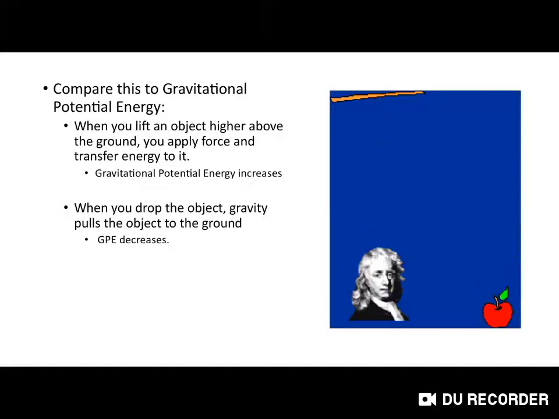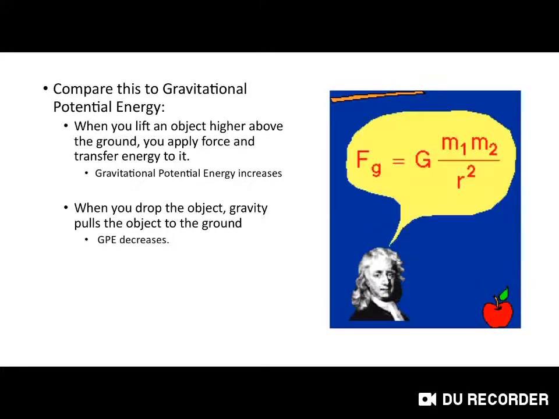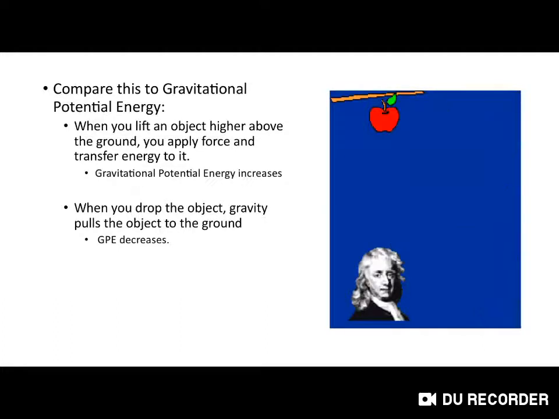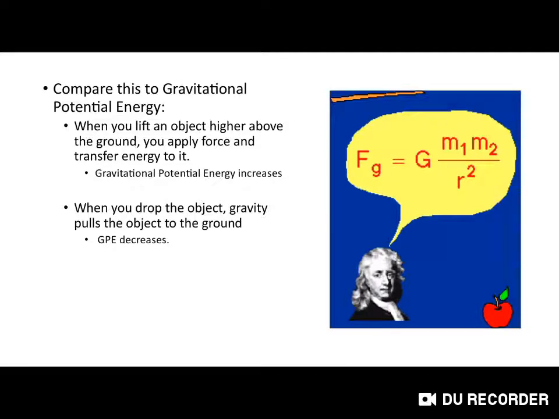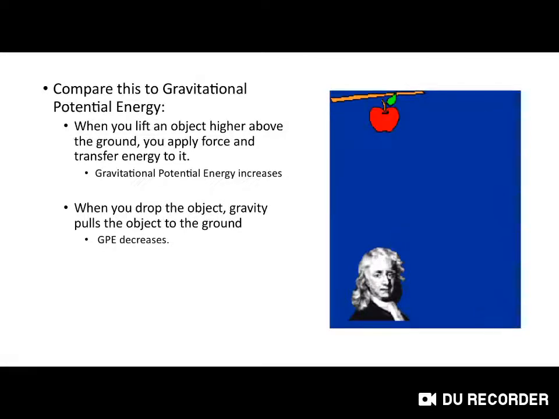When you lift an object higher above the ground, you apply force and transfer energy to it. When you do this, the gravitational potential energy of the object increases. Then, when you drop the object, gravity pulls it to the ground, so the gravitational potential energy decreases.